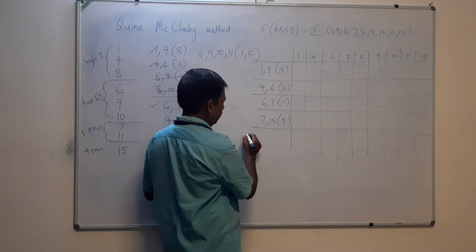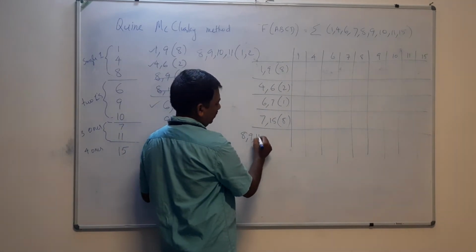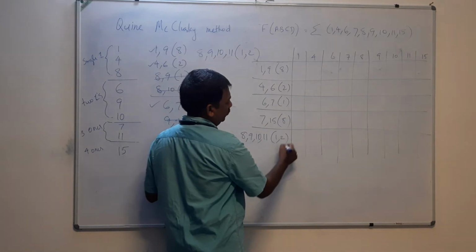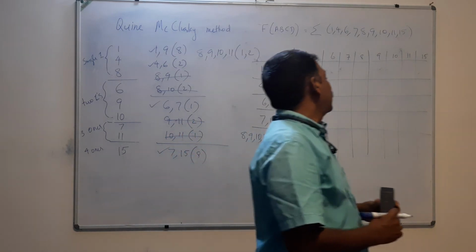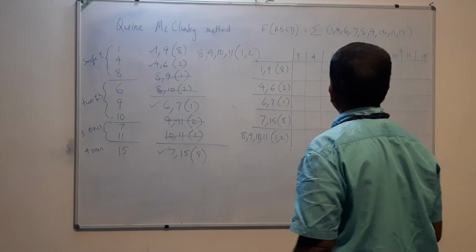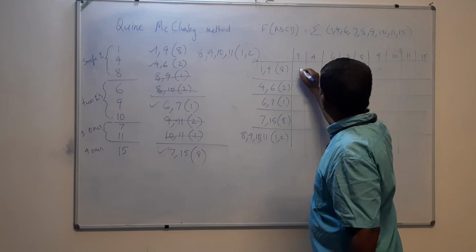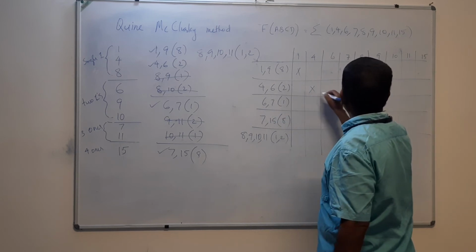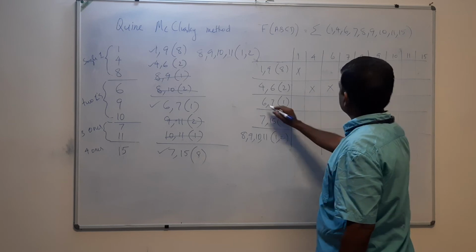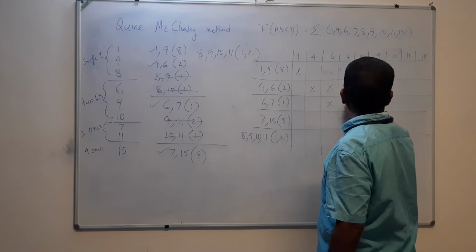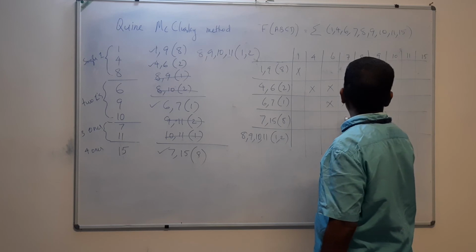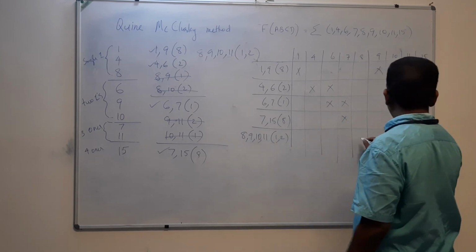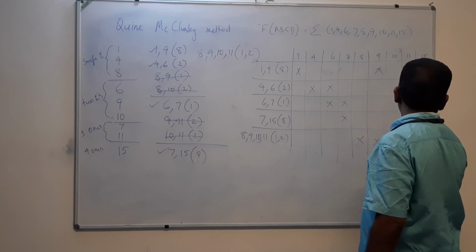8, 9, 10, 11 within brackets 1 comma 2. Now 1 and 9 here: 1, 9, 4 and 6, 6 and 7, 7 and 15, 8, 9, 10, 11.